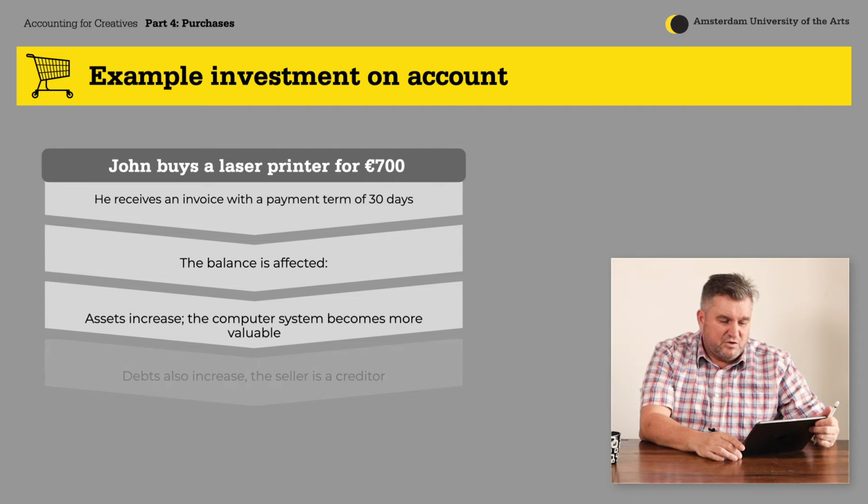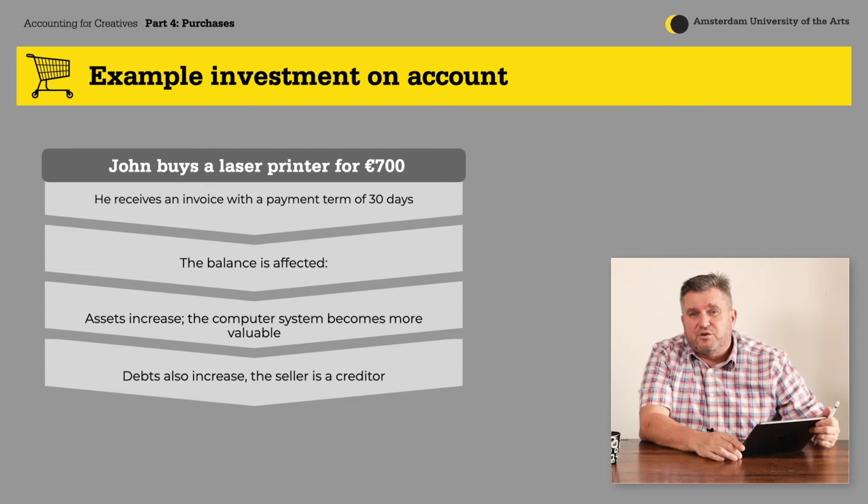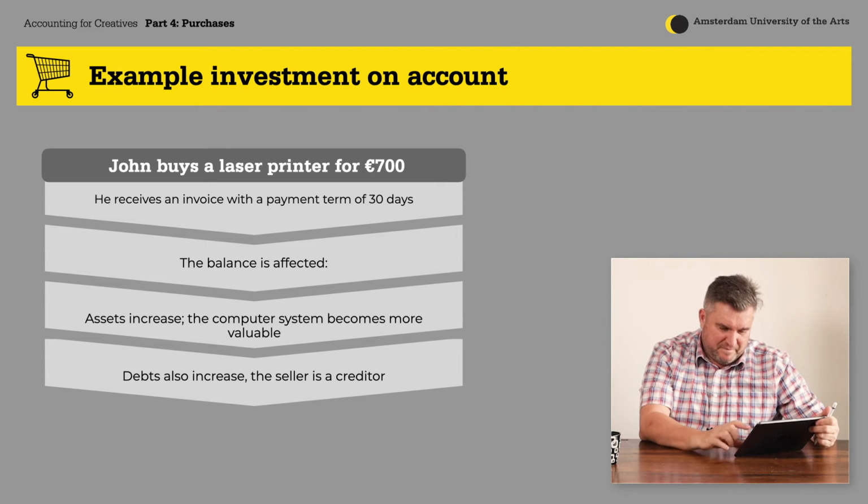But the debts on the other side, the credit side, the right side of your balance, also increase, because you have this invoice that you have to pay within a month, and it's for the same amount. So both sides of the balance are increasing, which means it's still in balance, and your supplier, your creditor, will be waiting for your money, so you have a debt to him.